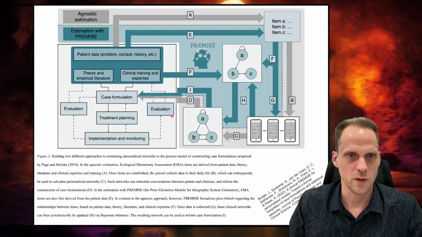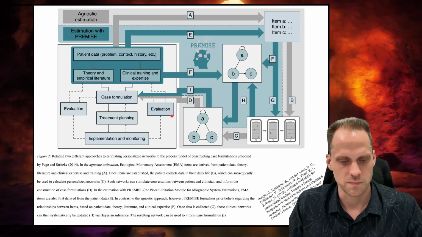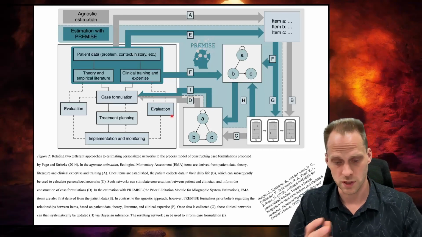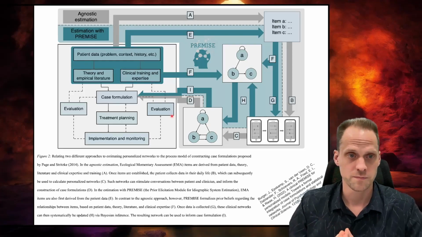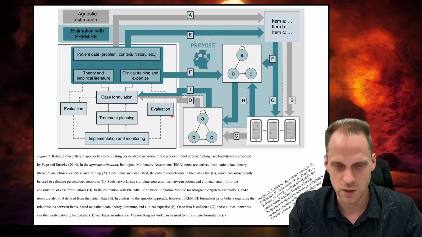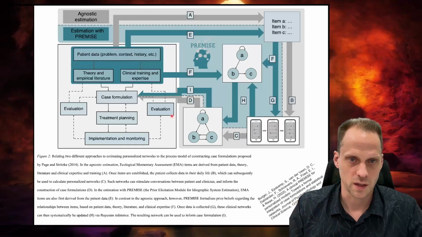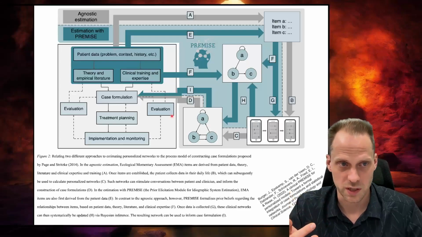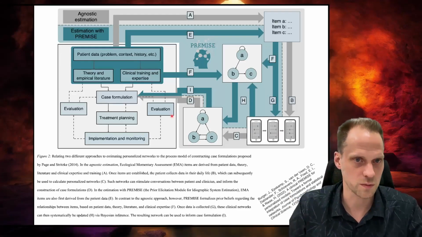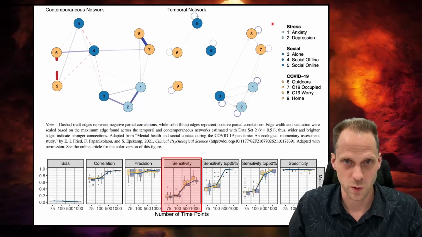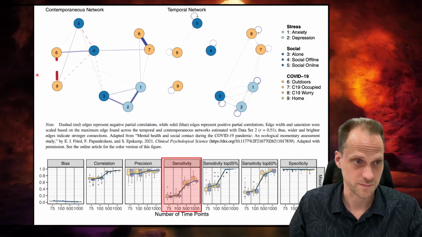Now, another thing that we looked at is seeing if we can improve this estimation accuracy and improve how well we can estimate these models by incorporating prior knowledge or clinical expertise in the network. And this is something that's quite interesting in this type of personalized network modeling in clinical practice.